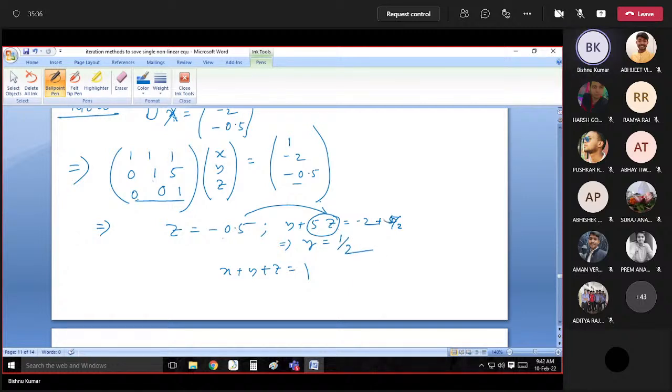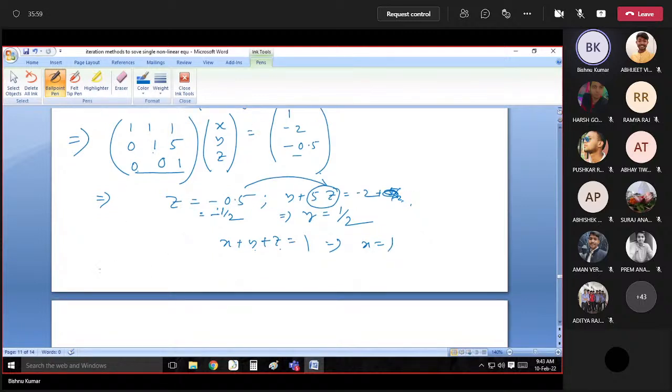So in x plus y plus z equals 1, y is half, z is minus half, so plus half, minus half cancel, so x equals 1. So basically your main solution is x equals 1, y equals half, z equals minus half.